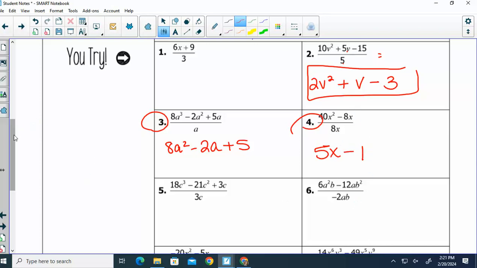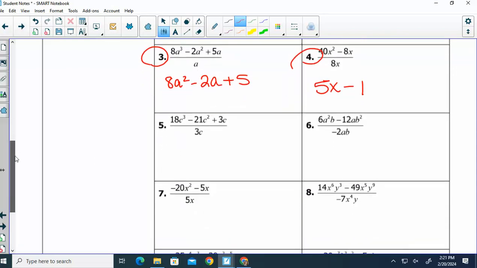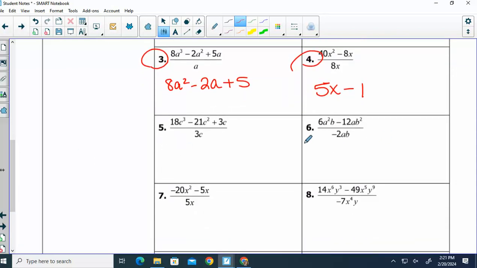Okay. The thing on the denominator does not have to be a positive, so we can divide by negatives as well. So if I look at number 6, we have each thing divided by a negative 2ab. So 6 divided by negative 2.